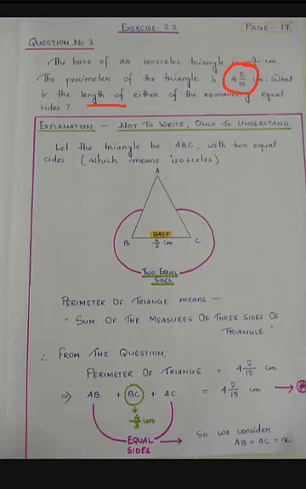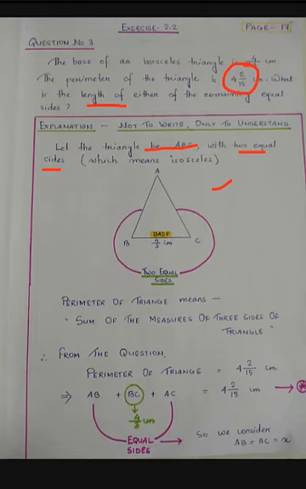Now first of all, we have to know what is an isosceles triangle. I think all of you have got this concept in previous classes. Here is a figure of an isosceles triangle. Look at the explanation part, please. This is not for writing, this is only to understand. Let us consider the triangle as triangle ABC with 2 equal sides. An isosceles triangle is a triangle which has 2 equal sides.